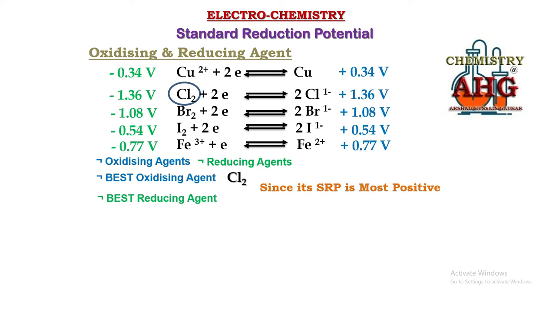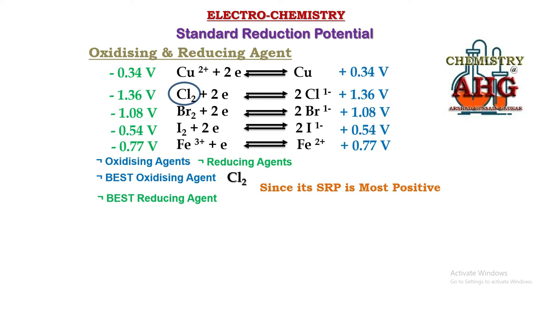Now what you can see is that the standard oxidation potential of all these half cells is negative. What does this mean? It means all these particles need some electrical energy input for the oxidation, for the loss of electron.